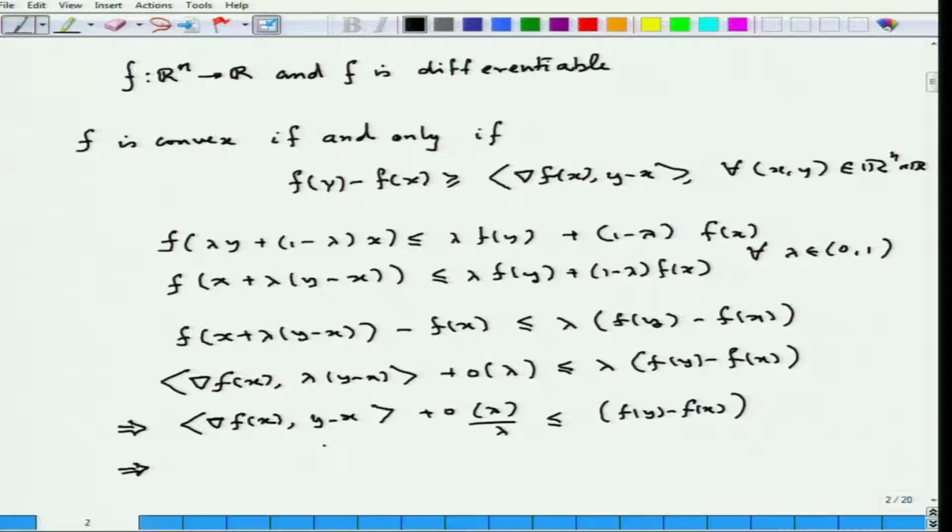Now, this will immediately show us something: as lambda goes to 0, that is lambda is positive and goes to 0, the small o term will go to 0. It will imply that f(y) minus f(x) is greater than or equal to the gradient of f(x) times y minus x.